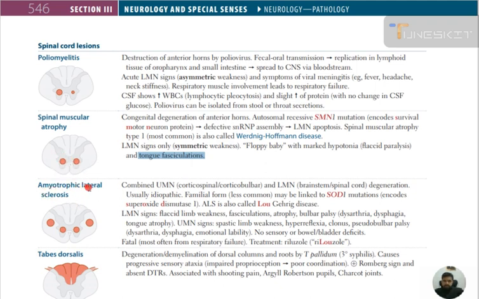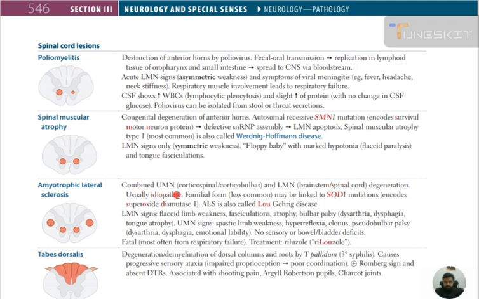The next one is amyotrophic lateral sclerosis. This is combined upper motor neuron and lower motor neuron degeneration, and there is a lesion at the corticospinal or corticobulbar, brainstem and spinal cord level.